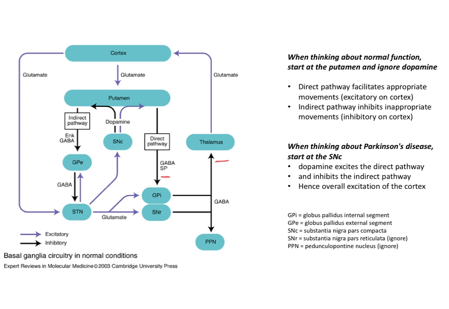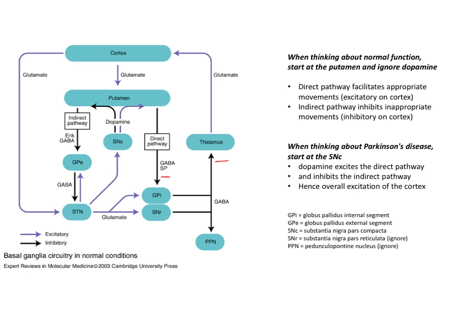So if we wish to facilitate appropriate movements, it makes sense that we use a pathway which is net excitatory to the motor cortex. And that is indeed the case here. So the direct pathway is net excitatory to the motor cortex.